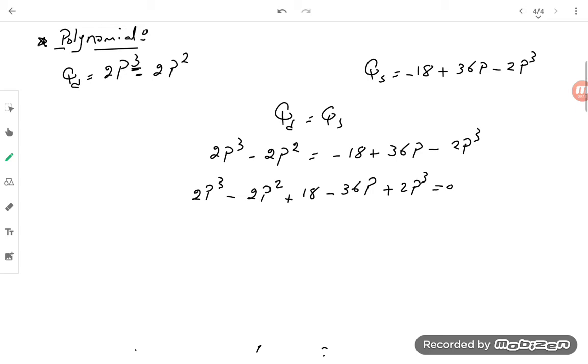So it can be written as 4b to the power 3 minus 2b squared minus 36b plus 18 equals 0. Now we can use factorization in order to find the answer for this question. We can write it as two different brackets.